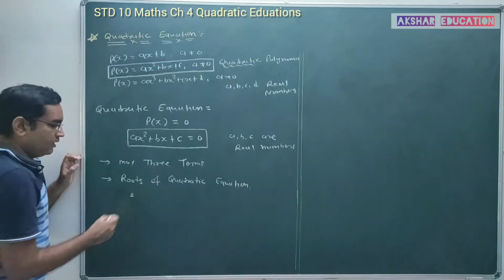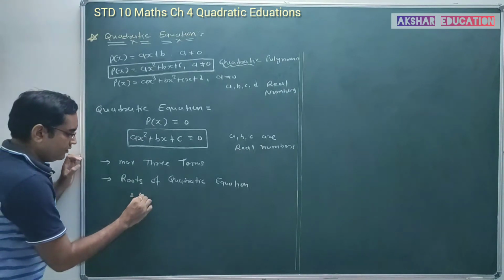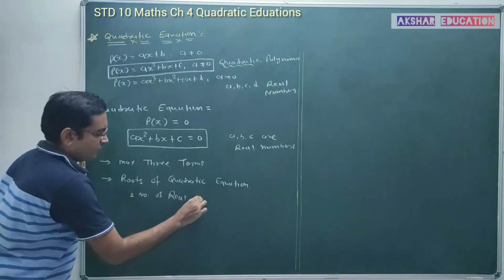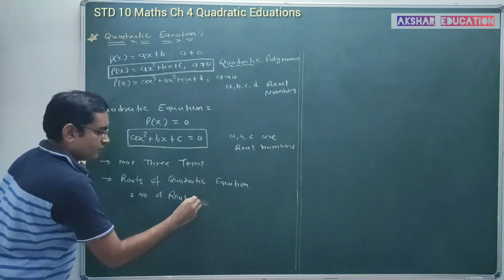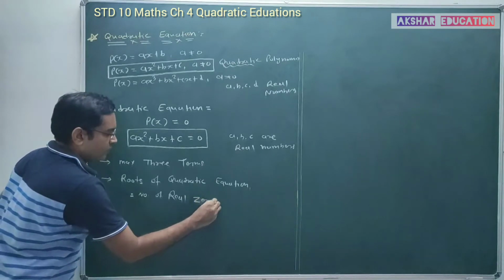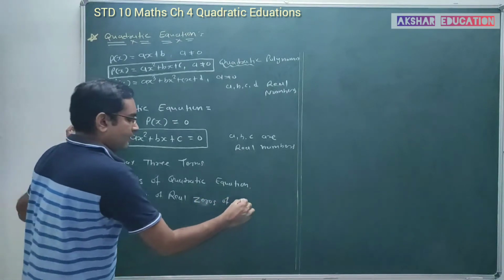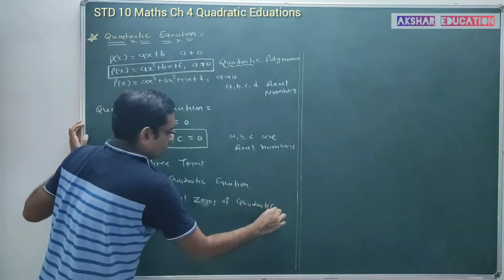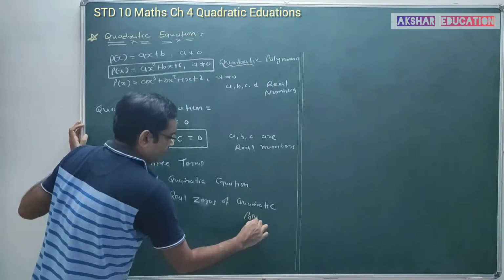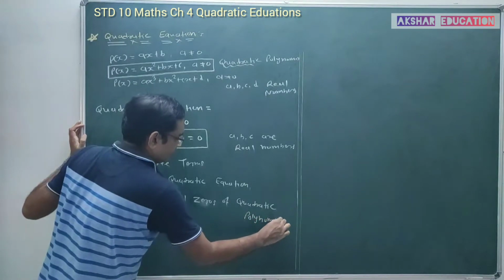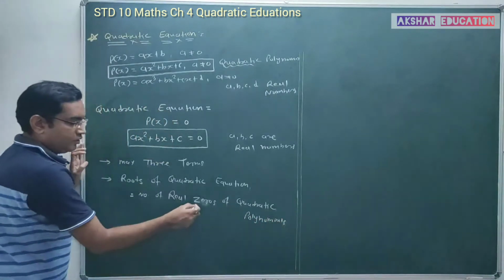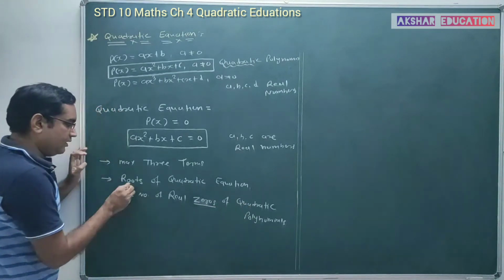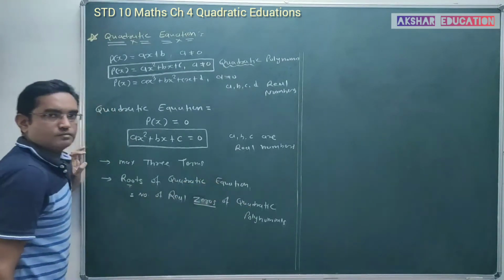The real zeros of a quadratic polynomial are nothing but the roots of the quadratic equation.